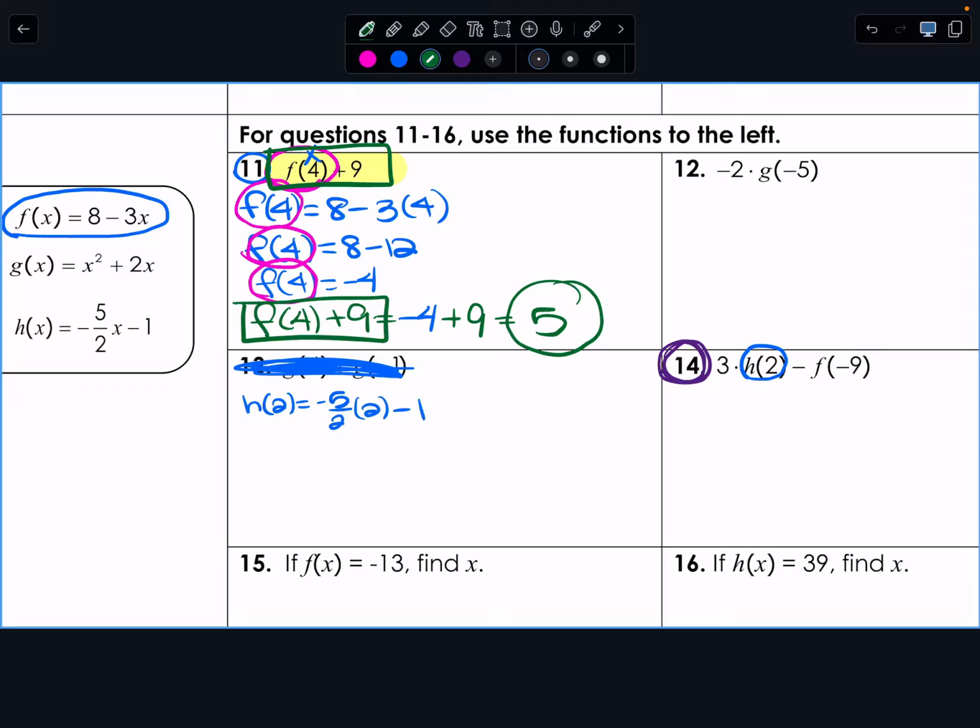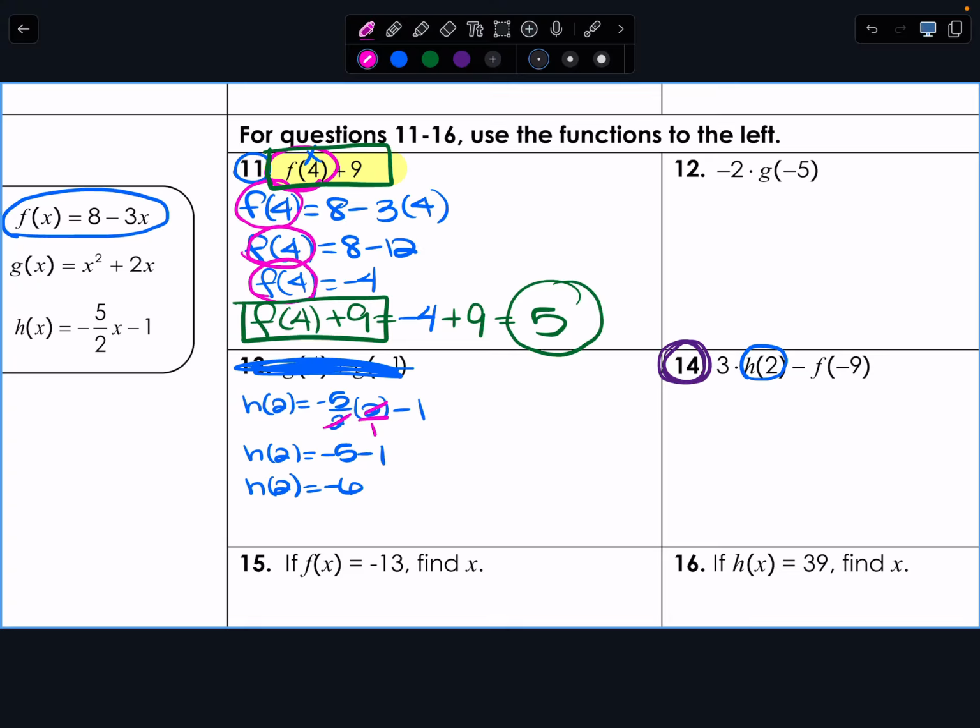So now my fractions, my 2's cancel out. So I'm left with h of 2 is equal to negative 5 minus 1. So h of 2 is equal to negative 6. That's my first little piece.